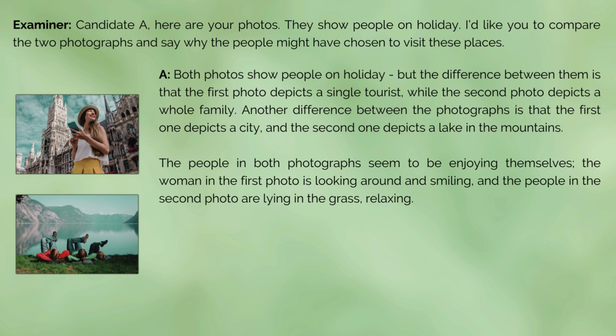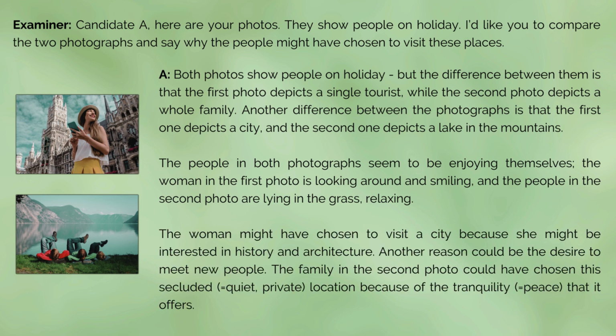The woman in the first photo is looking around and smiling, and the people in the second photo are lying in the grass, relaxing. The woman might have chosen to visit a city because she might be interested in history and architecture. Another reason could be the desire to meet new people. The family in the second photo could have chosen this secluded location because of the tranquility that it offers.